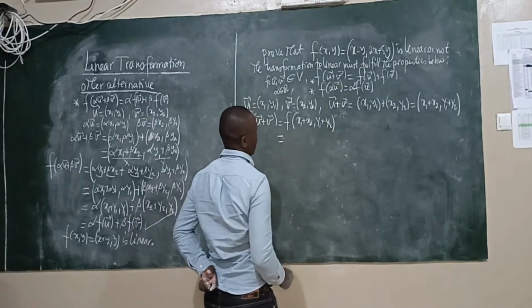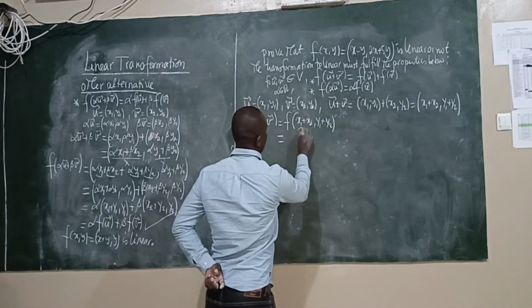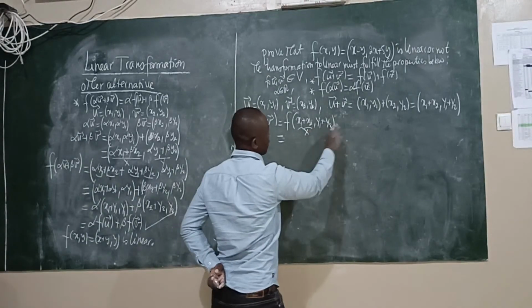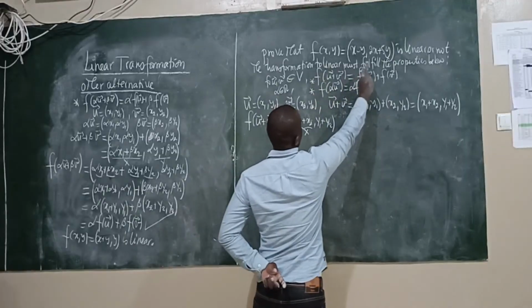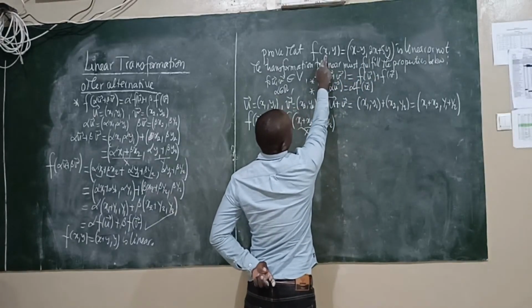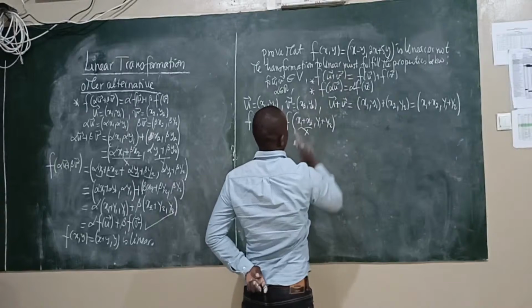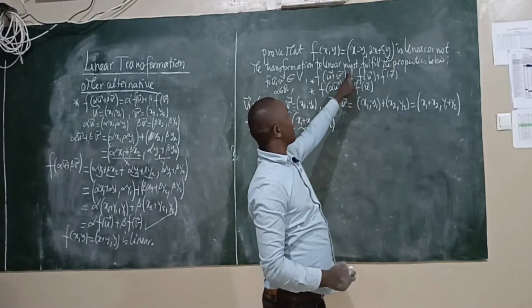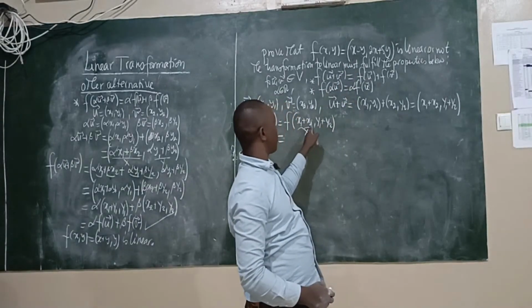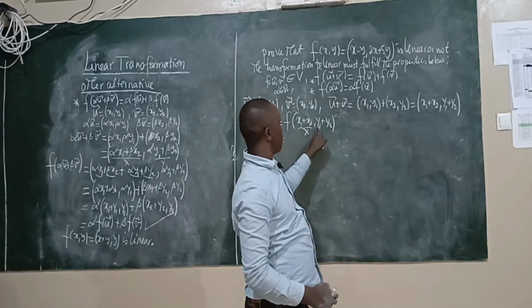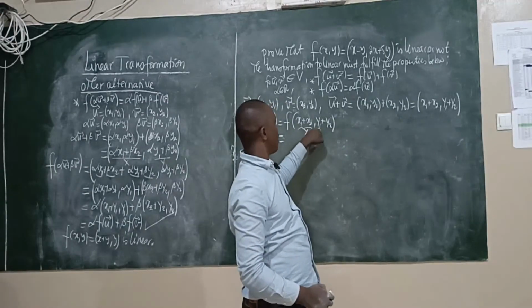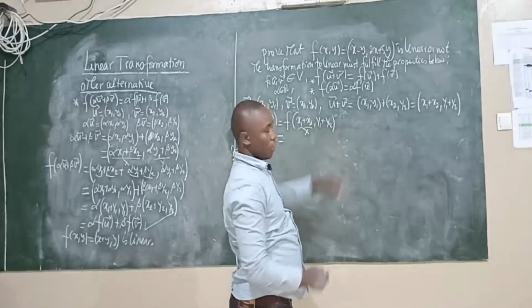I told you that this replaces x in the given transformation. It means x will be replaced by x1 plus x2, and y will be replaced by y1 plus y2.